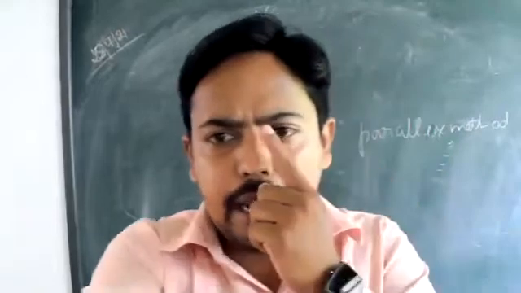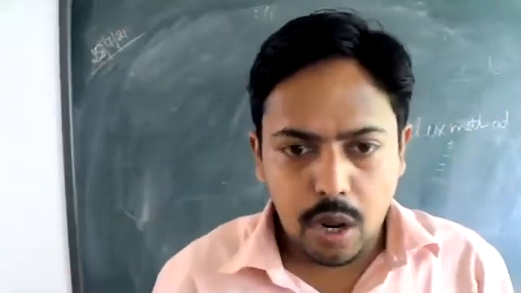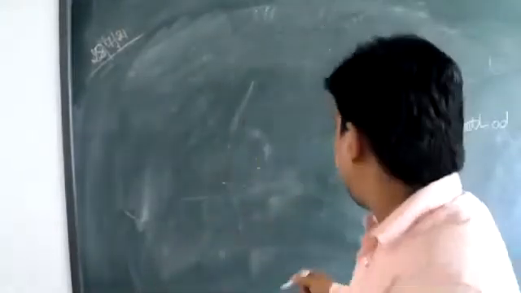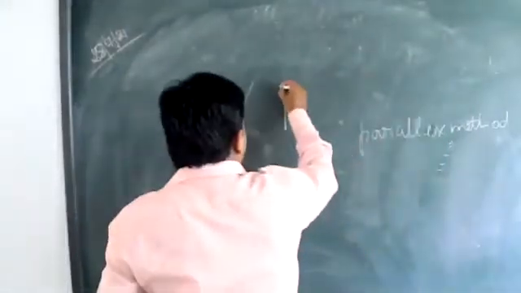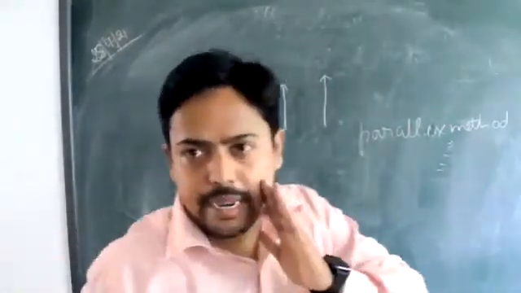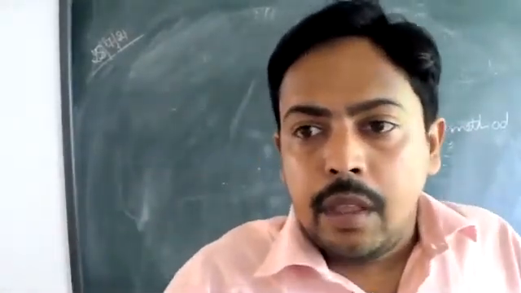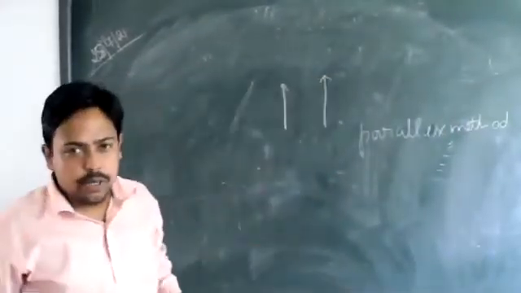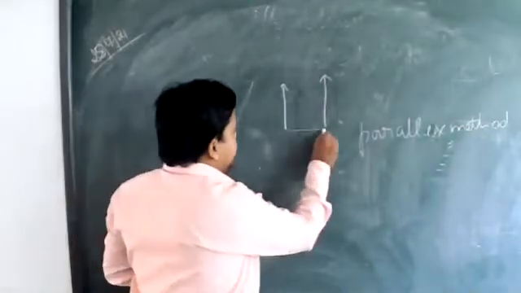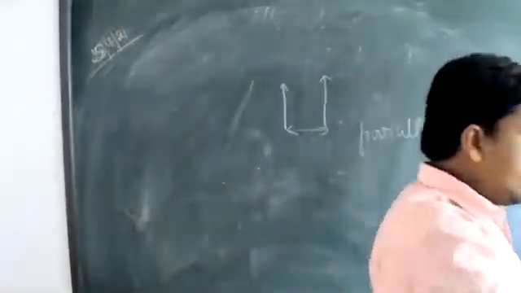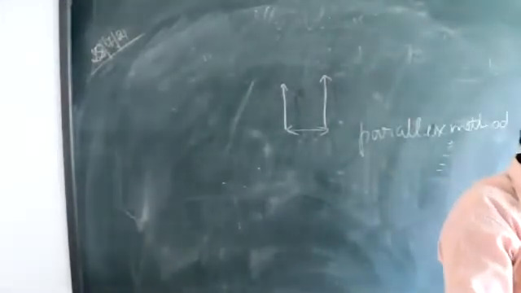You can mark those two positions on the wall which is very close to that pencil tip. In the first case you will observe that the tip of the pencil may be here. In the second case, by closing one eye and opening the other, you can see that the tip has a different position. One can say that there is a shift in the position.